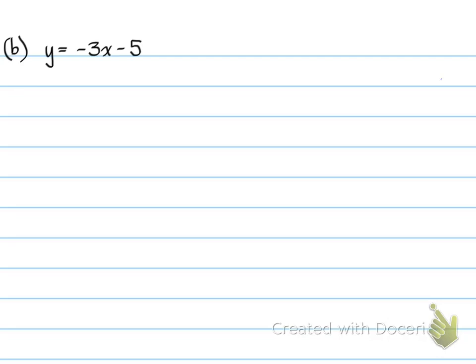Here, folks, we have just integers as coefficients and as a constant, so all we have to do is move things so that the x is positive. So 3x is going to move to the left side. 3x plus y plus 5 equals 0 is the equation.